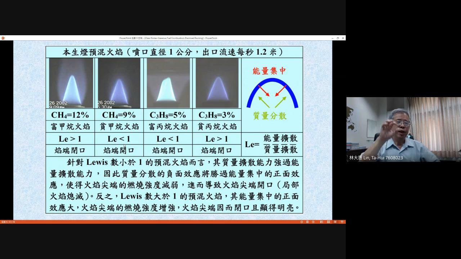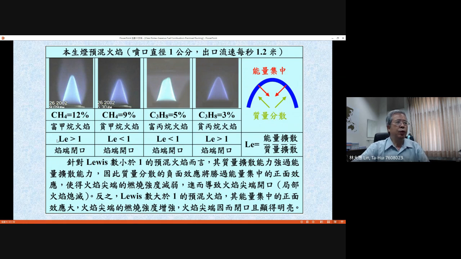The negative effect is stronger than the positive energy concentration effect, so you will find the burning intensity is reduced and the negative effect is too strong. Then they cannot have a balanced supply from the diffusion, so there will be extinction for these two cases. Both of them have a Lewis number smaller than 1.